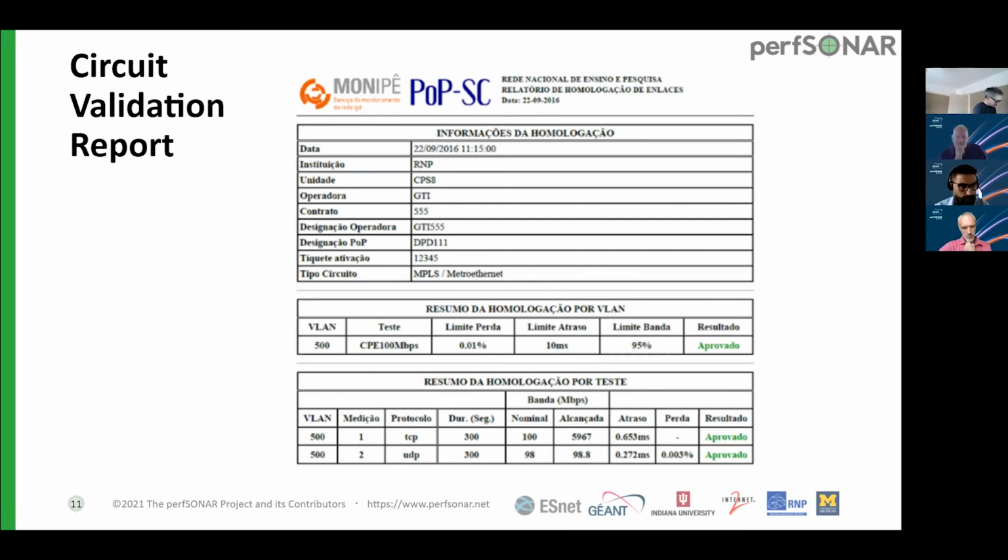In this case, it's a 100 meg circuit. Then we get a report with all the met or unmet criteria, and that can be used to talk to our contractor and see where the problem is.